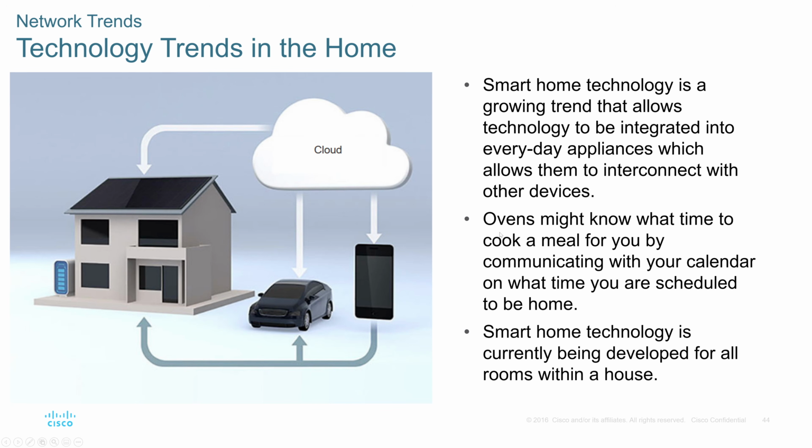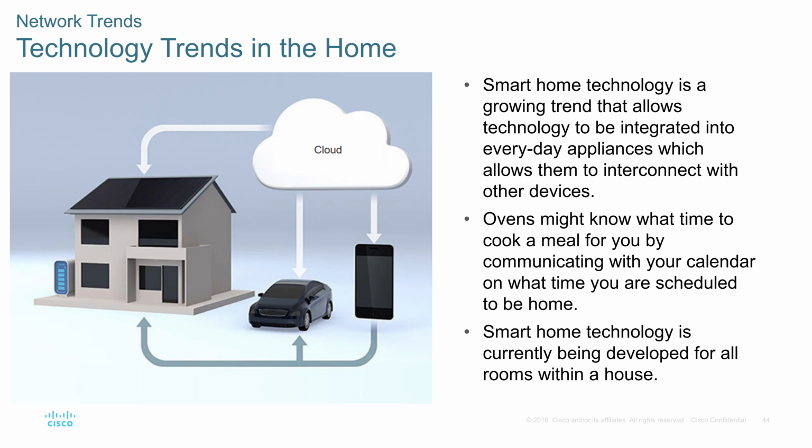And in modern days, we have ovens that might know the time to cook a meal for you by communicating with your calendar on what time you're scheduled to be home. So you put your food in one of those sophisticated Samsung or LG ovens, and you leave for work, and when you come home it starts cooking. There are also washing machines like that, and other smart home technologies currently being developed for all rooms within the house, pretty much everywhere.